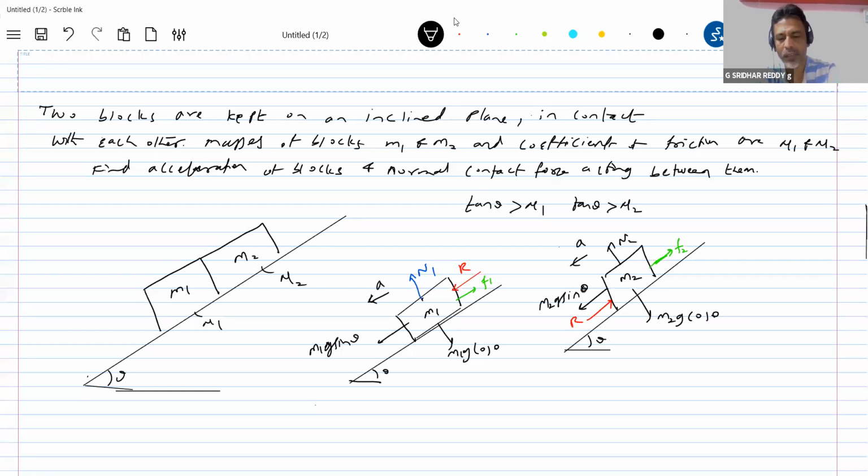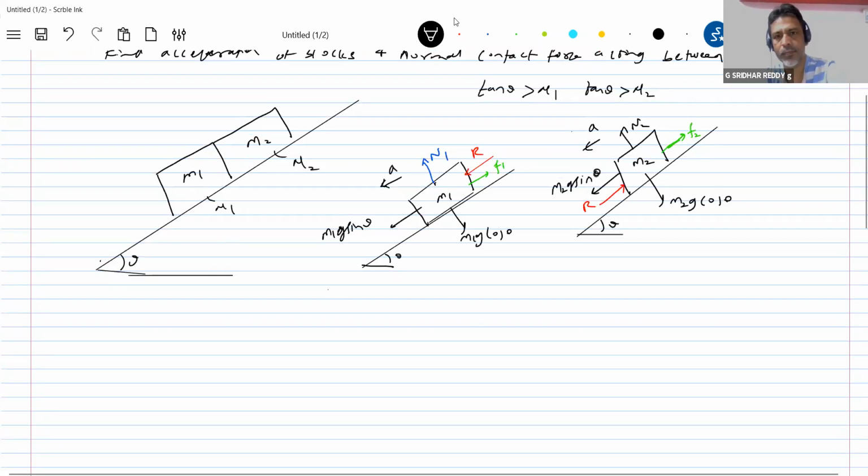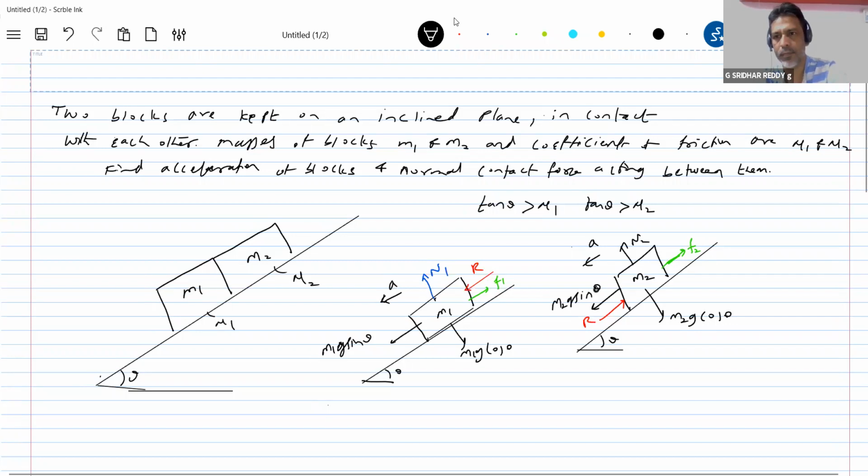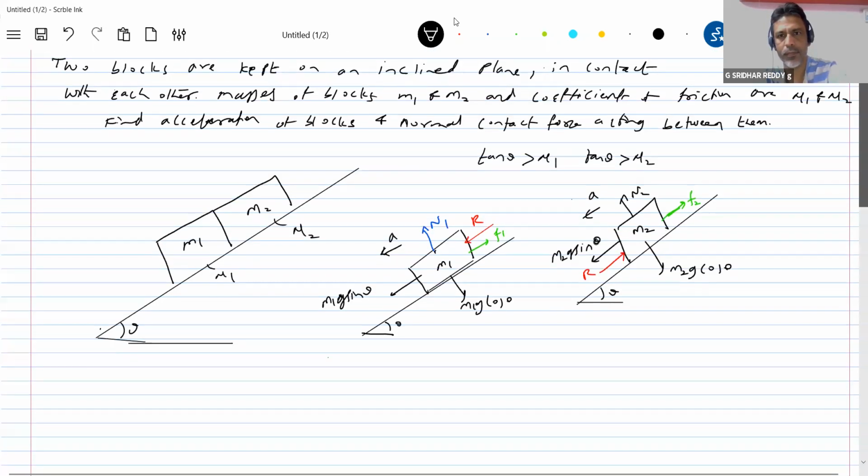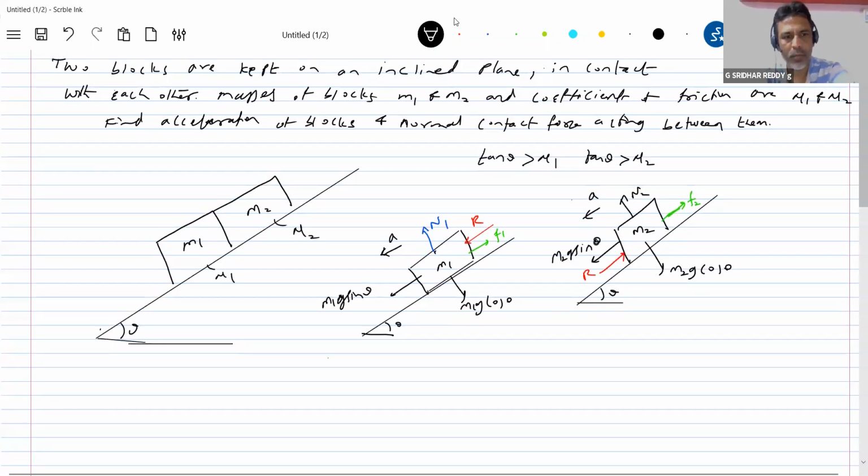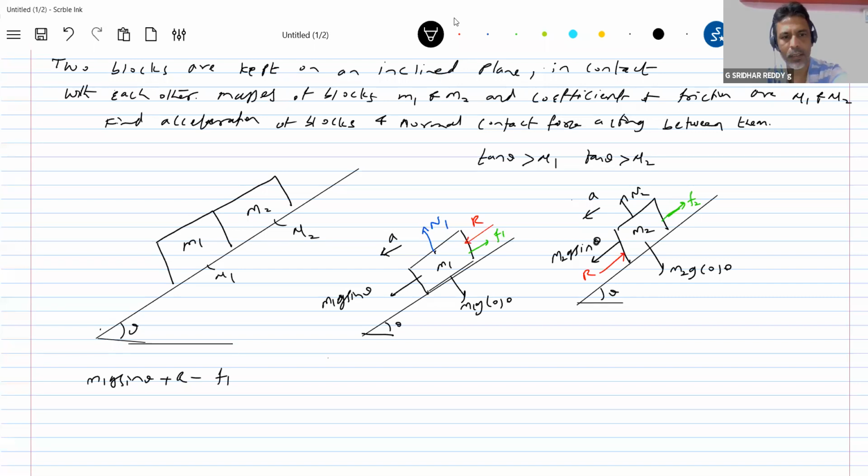Let me write the expression for acceleration. So what will the equations of motion be? Looking at the first block, the equation of motion will be m1g sine theta plus R minus F1 equal to m1a.